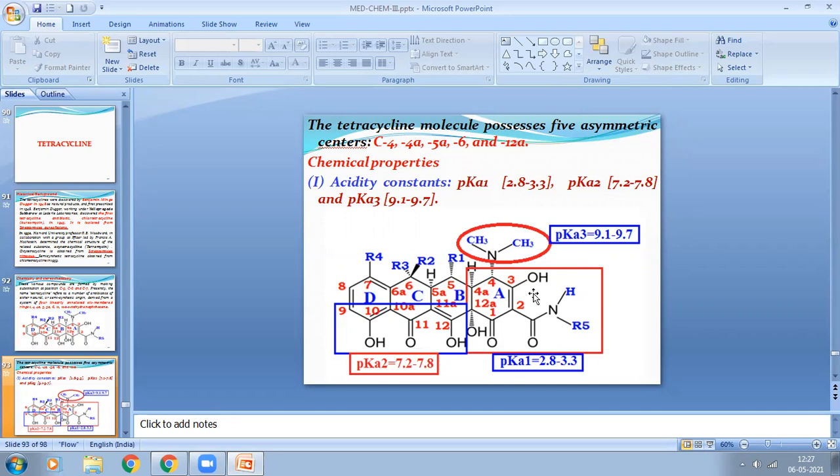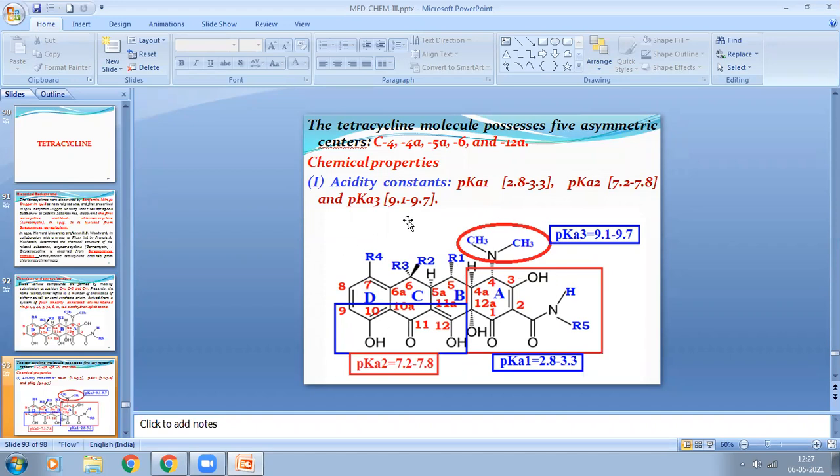Next, the pK2 value of 7.2 to 7.8 is derived due to the phenolic anion system between C10 and C12. Whereas the pK3, 9.1 to 9.7, is mainly due to the presence of the dimethyl amino functional group. So these are the three acidity constants of tetracycline due to the three different conjugating systems present in the tetracycline molecule.